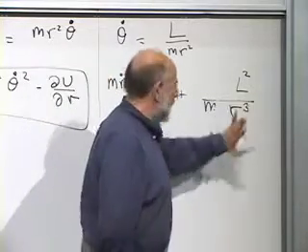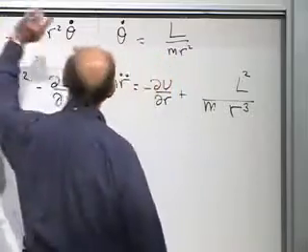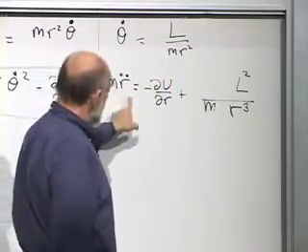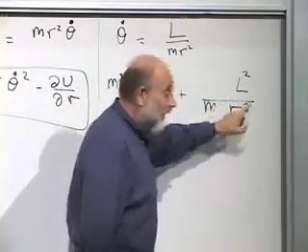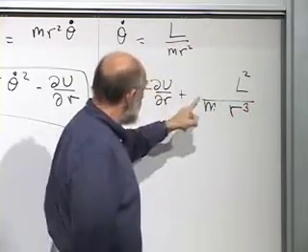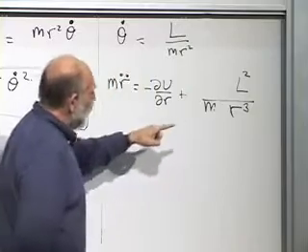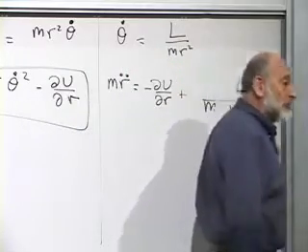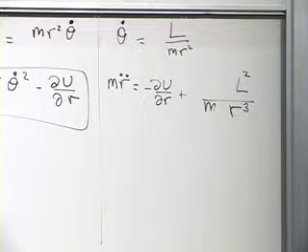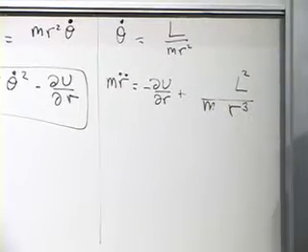L is a constant. Once we fix it, we fixed it. And the entire effect of the centrifugal force is now to tell us that effectively there's a force on this particle pushing it away from the origin, that's the plus sign here, proportional to 1 divided by the distance from the origin cubed, also proportional to the square of the angular momentum and also the inverse mass.